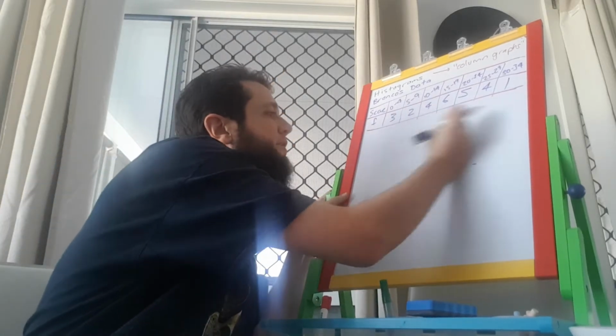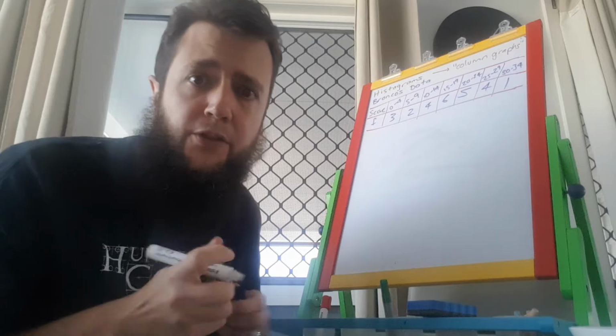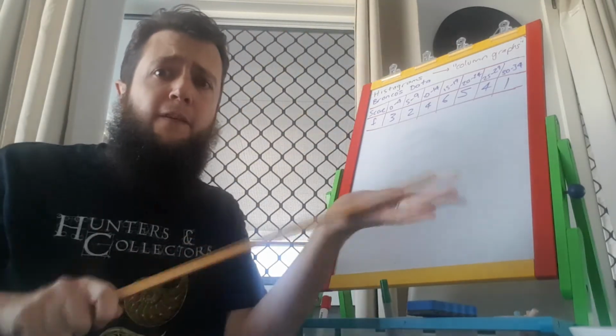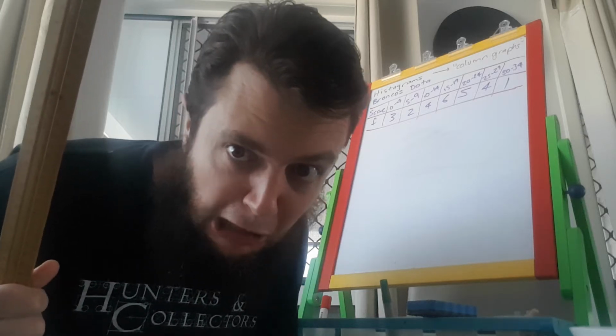Right, so I'm going to jump straight into actually making a histogram. First thing you need is a ruler. You need a ruler. Do not do this by hand. If I was there, I'd be lecturing each and every one of you. Use your ruler.